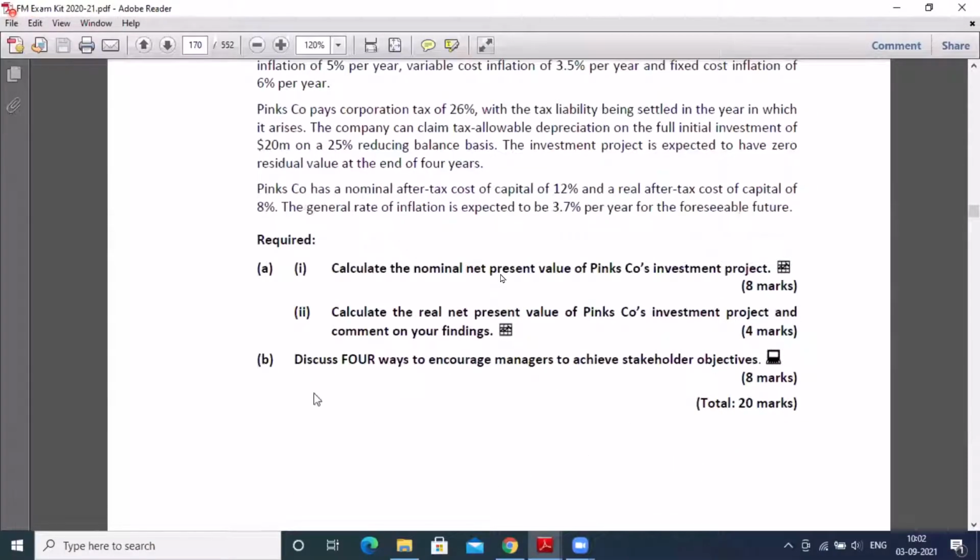Here we will focus on, actually it is related with investment appraisal and the objectives. So we will be mainly focusing on this.